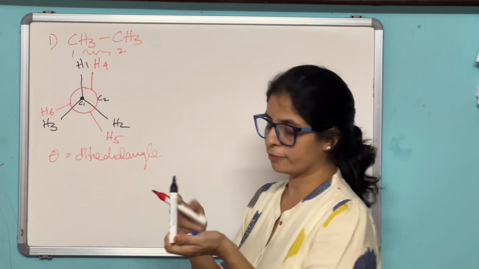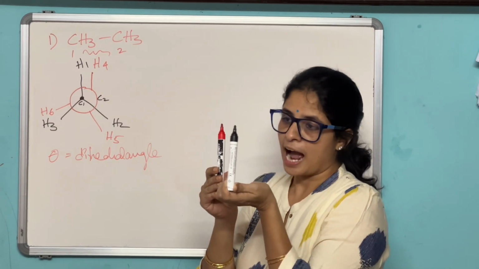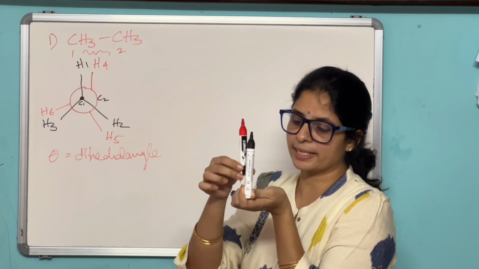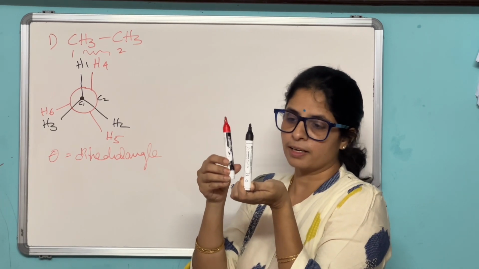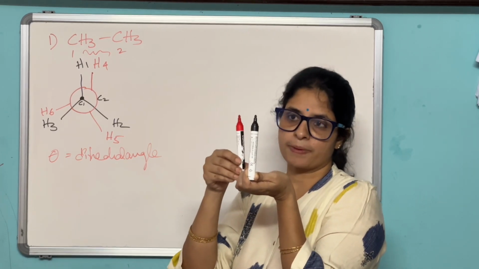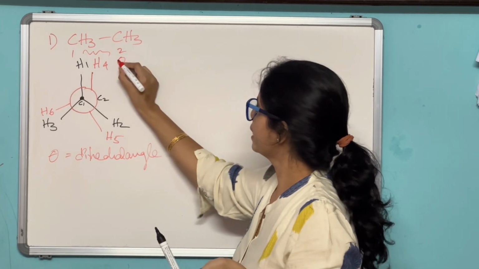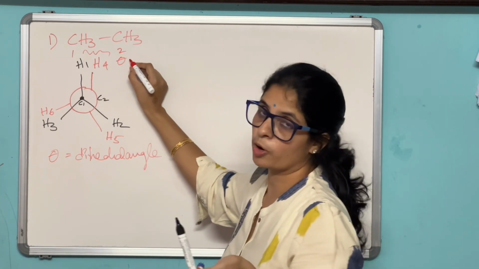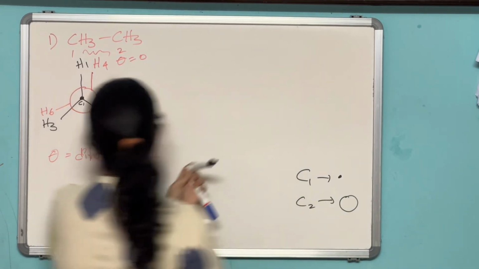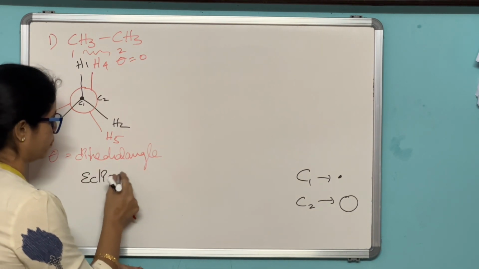If you observe this, these two are spatially closer, and this hydrogen, H4, is placed exactly at the backside of the first hydrogen. The dihedral angle theta is equal to 0, and this conformation we call the eclipsed conformation.